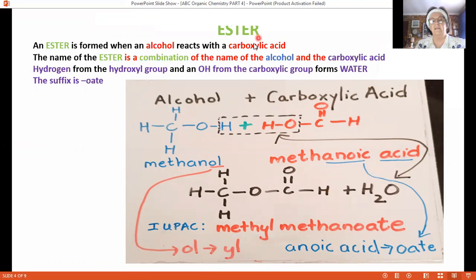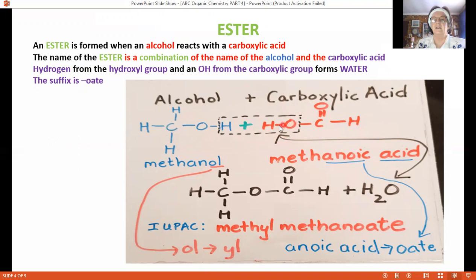Now the esters, if you recall the alcohols and the carboxylic acid that we just did, you'll see that the ester is a combination of an alcohol that reacts with a carboxylic acid. So the name of the ester is then a combination of the name of the alcohol and the carboxylic acid. So we see the hydrogen here from the hydroxyl group, the alcohol, and the OH here from the carboxylic group forms water.